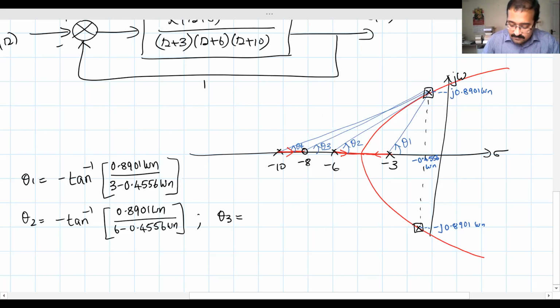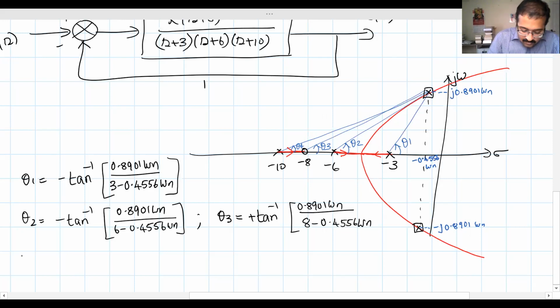So plus tan inverse 0.8901 omega n divided by 8 minus 0.4556 omega n. And what is theta 4? Theta 4 corresponds to the angle from a pole at minus 10. So minus tan inverse 0.8901 omega n divided by 10 minus 0.4556 omega n.